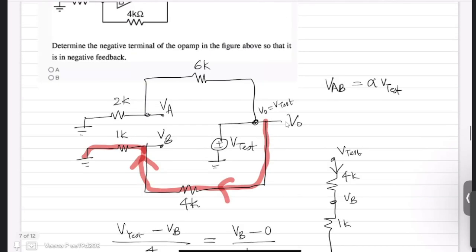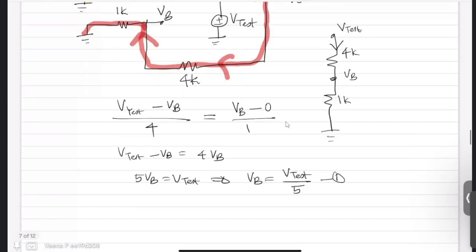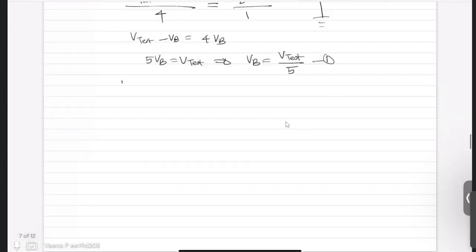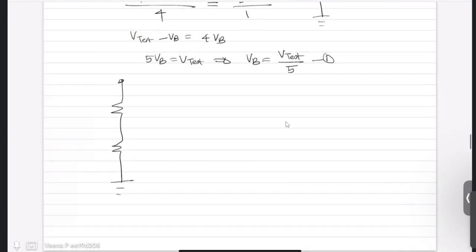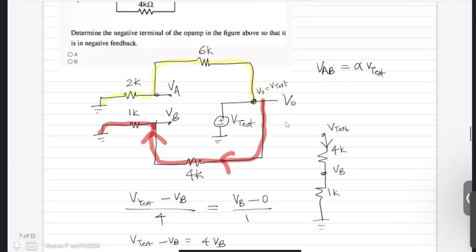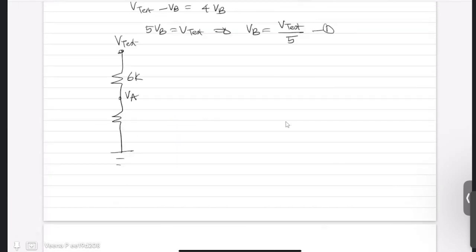Now the second equation you will get if you consider this path for current. So you have two resistors, one end grounded, the other end is your V test. Here it is VA and it is going through 6 and 2. So this is 6K and this is 2K. So the current from V test to VA is (V test minus VA) by 6.